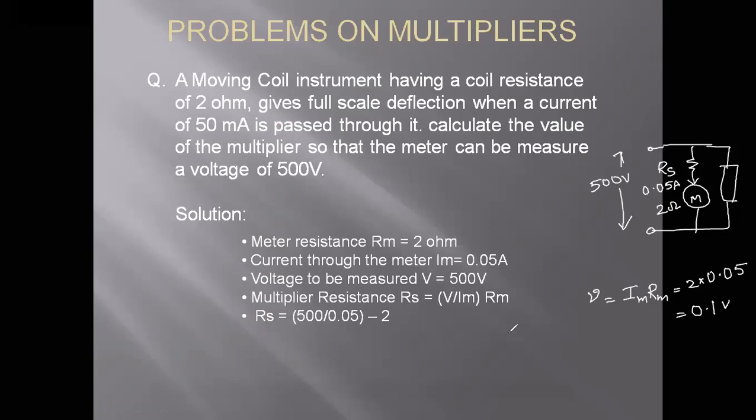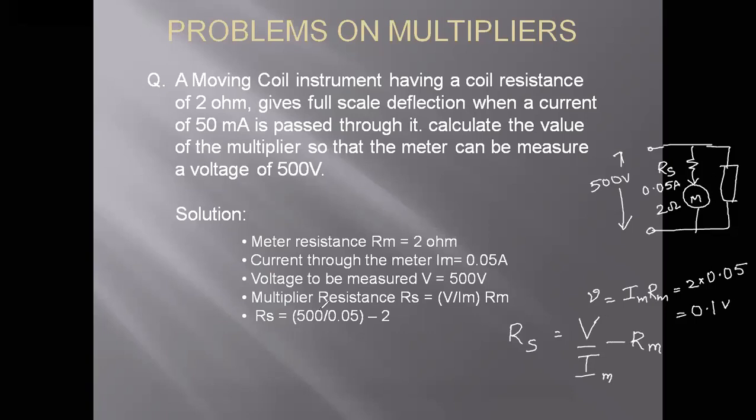The formula is: Rs, the series resistance, is equal to capital V, which is the voltage we want to measure, divided by Im, the current through the meter, minus Rm, the meter resistance.